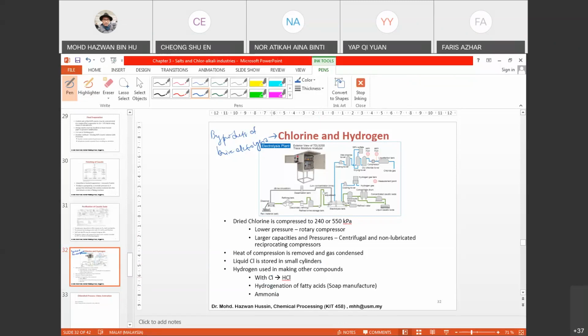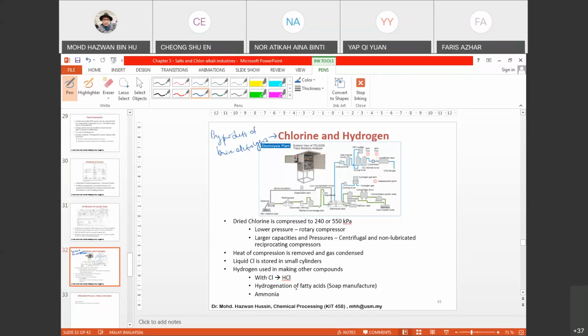So for example, if you react chlorine with hydrogen, then you can also produce hydrochloric acid. This is part of the process that you will learn later on, chapter 6 or chapter 7. Hydrogenation of fatty acids.